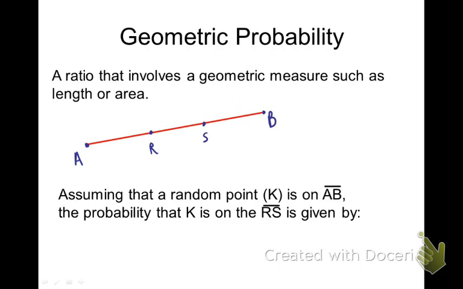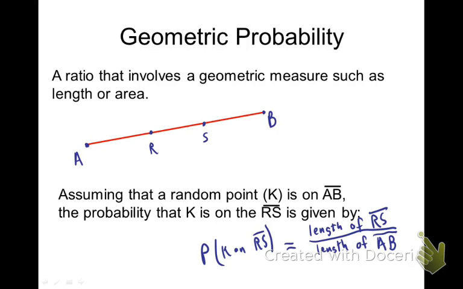Geometric probability is going to give you problems like this. Assume that you're going to have a random point, K, on this line segment AB. What's the probability that K is on the smaller segment RS?